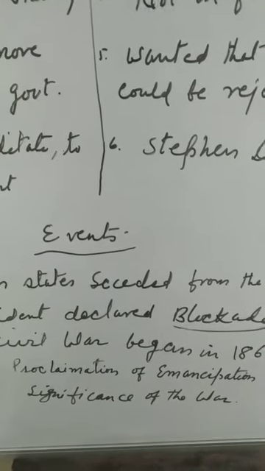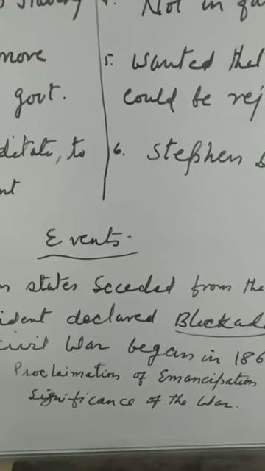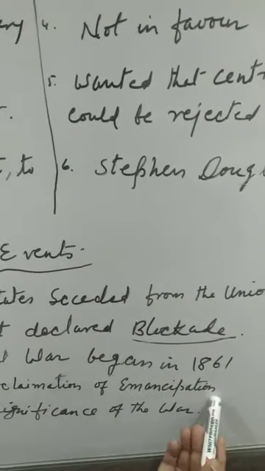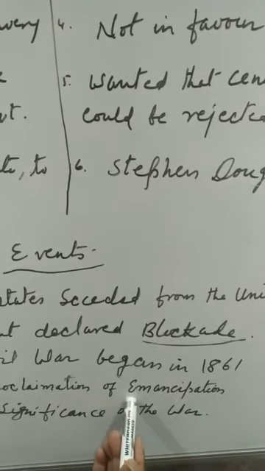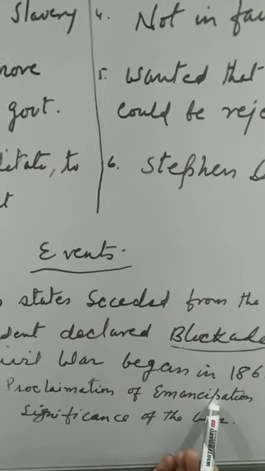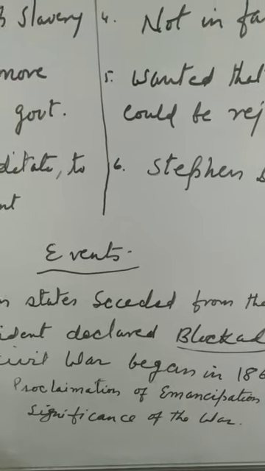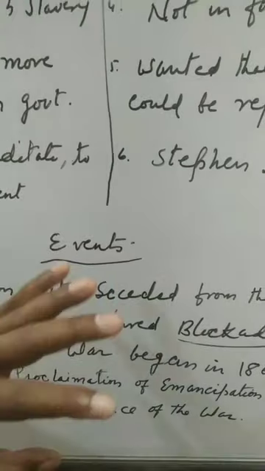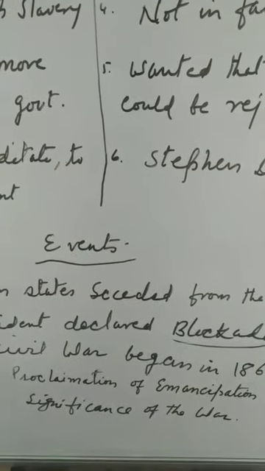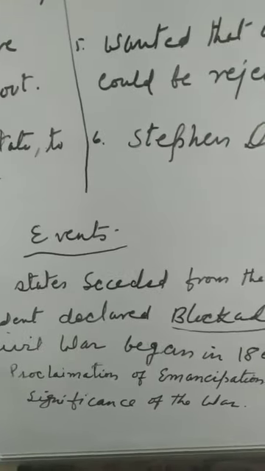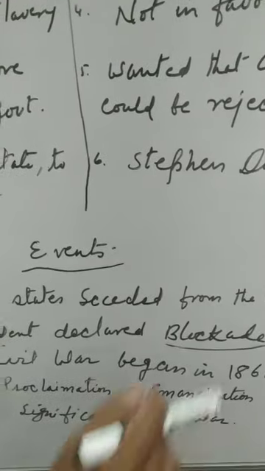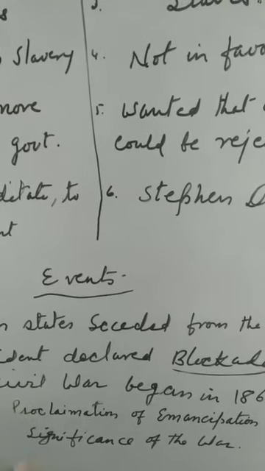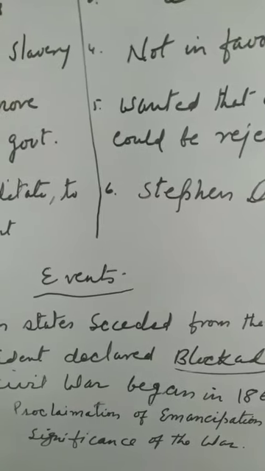Then the President cleverly declared the Proclamation of Emancipation, announcing that in all the states of America, slavery would be abolished. With this, many southern states who revolted gave up fighting, and the war ended.